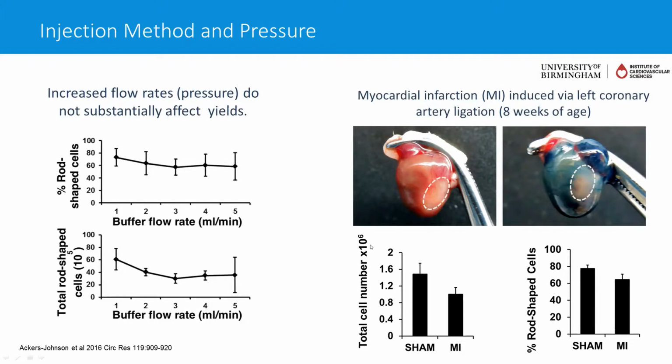The cells were isolated from those hearts which have an MI, and therefore a thinner part of the ventricle as a result of cell death. And as we would expect, whilst the total cell numbers in the MI hearts are reduced compared to the shams, as well as the total percentage of rod-shaped cells, actually you were still able to successfully isolate cardiac myocytes really without rupturing the hearts at those infarcted regions.